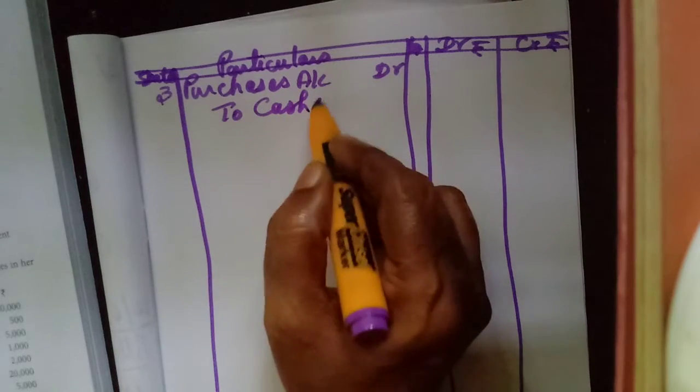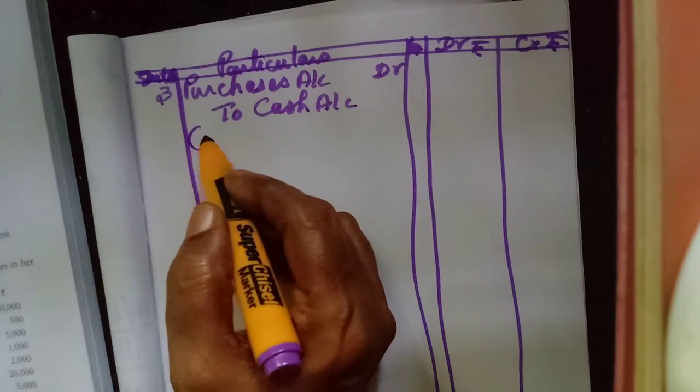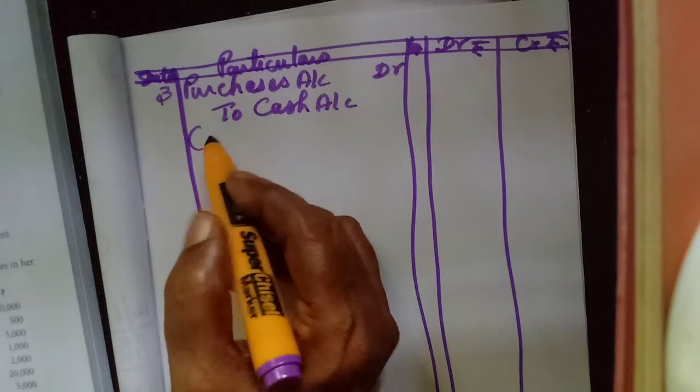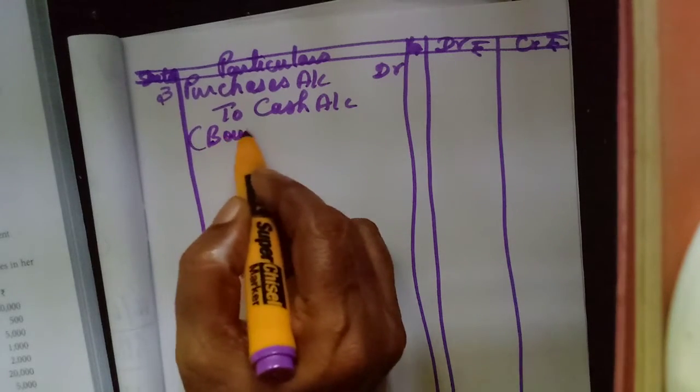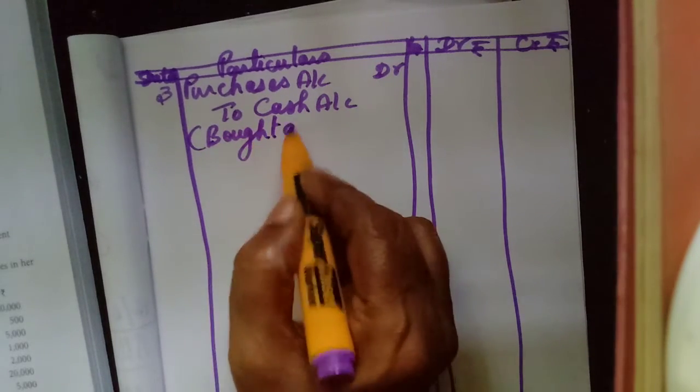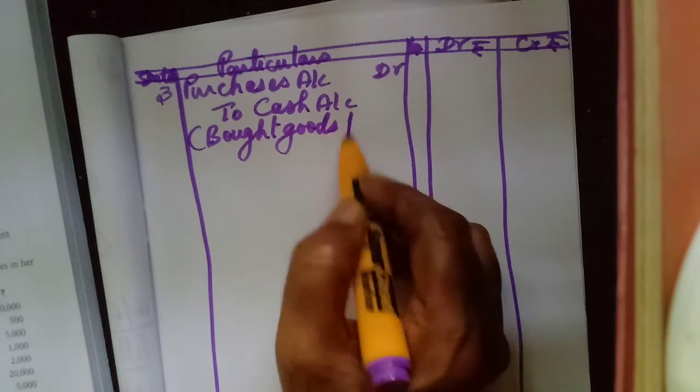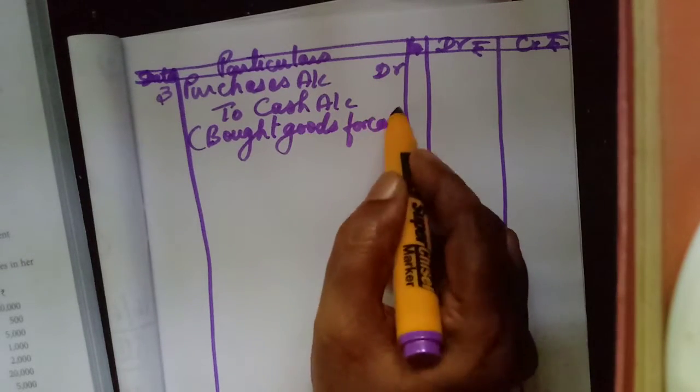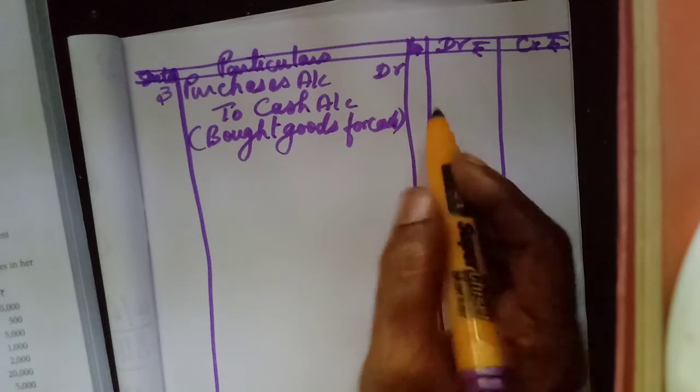Cash is going out. Okay, write the narration, bought goods for cash. 25,000.